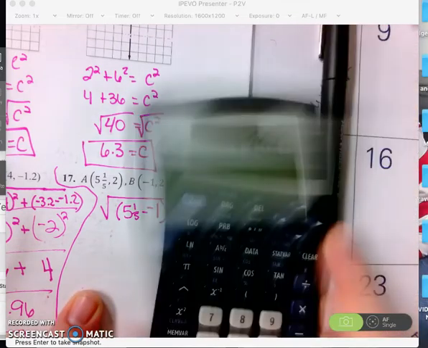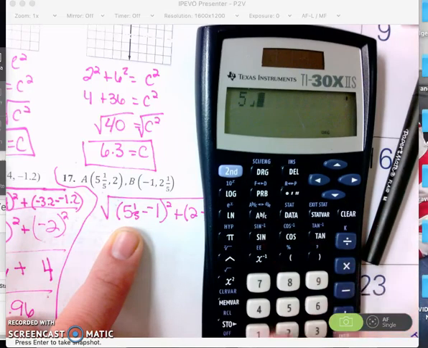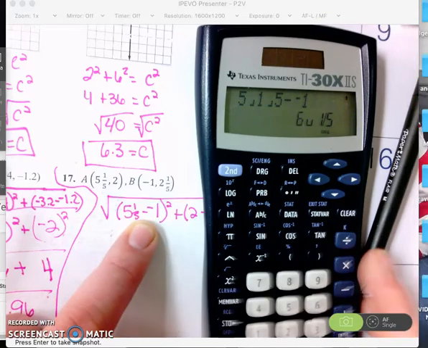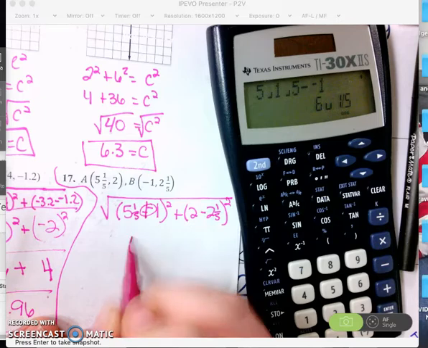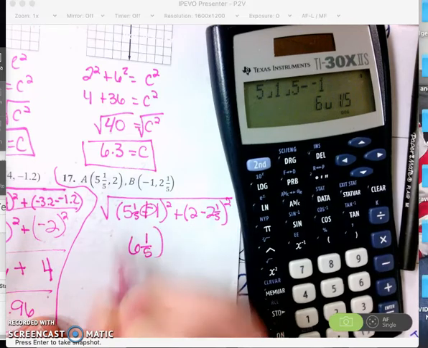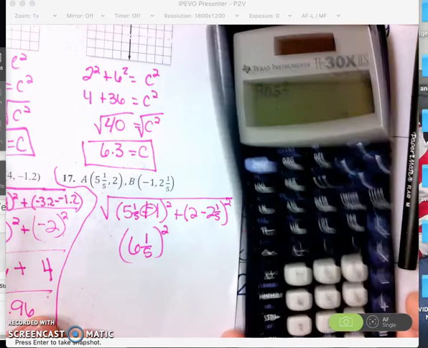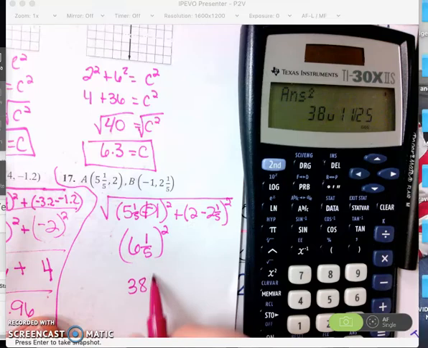Squared, take my calculator, do 5 1/5, I'm going to subtract a -1. So I should be getting adding, right? Yes. So this becomes addition. So we do 6 1/5. Okay, I'm going to square that answer right away. This is just easier for me. 38 11/25.